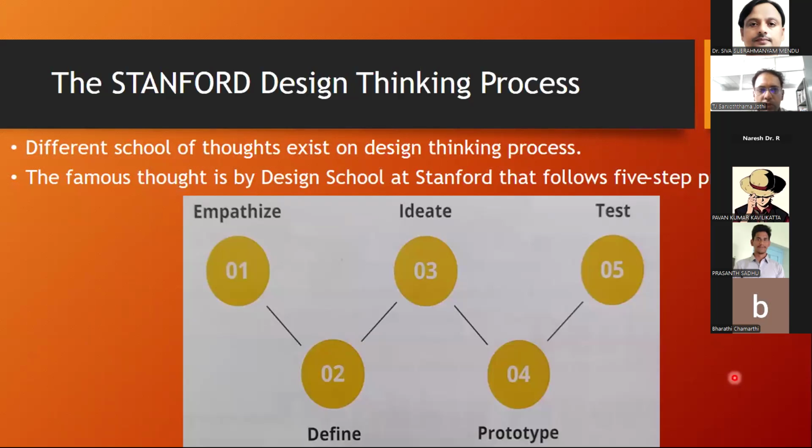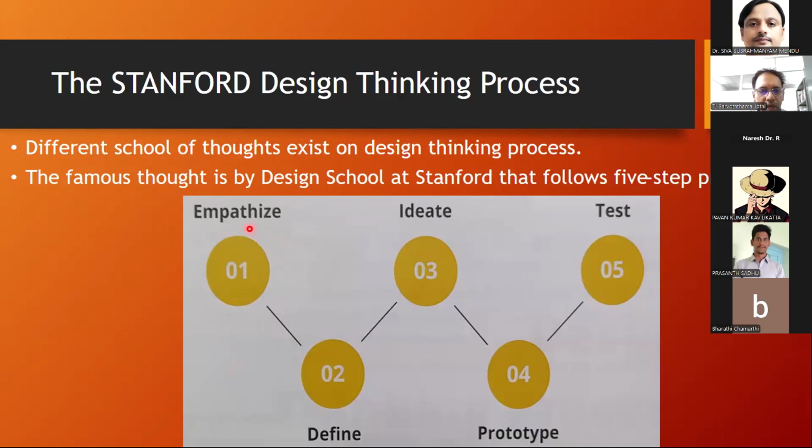Many other design thinking methods are also there, but the Stanford design thinking process is a well-known and renowned process used in many industries and for research purposes.